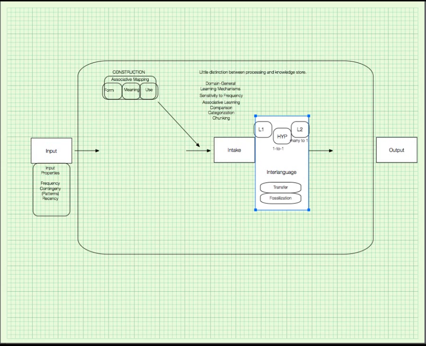Since learners are exposed to these distributions, their language structure and their language processing reflects internally the way that the input comes at them externally.